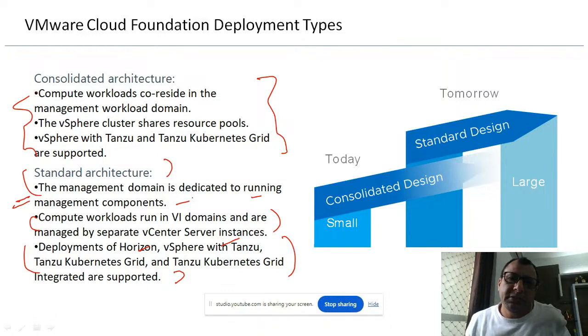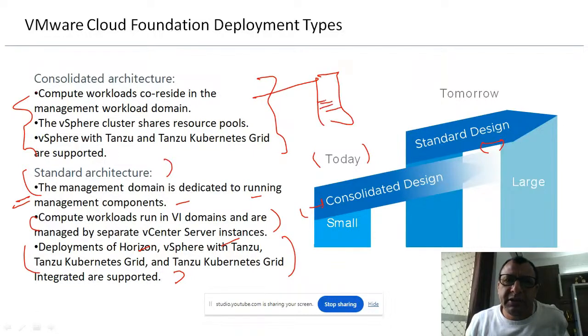Initially, if a customer is planning some kind of testing, they can first deploy the consolidated architecture. Later on, they can deploy the standard architecture and move their VMs to the respective clusters in the workload domain. So the simple logic, in a nutshell: consolidated architecture is a single cluster where my management VMs and customer workloads run in the same cluster.